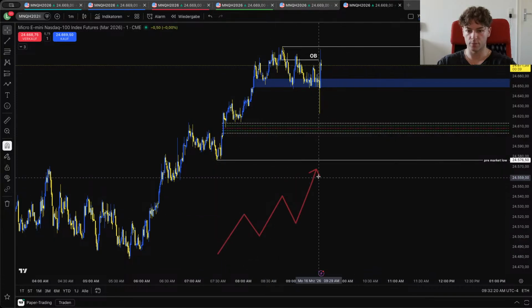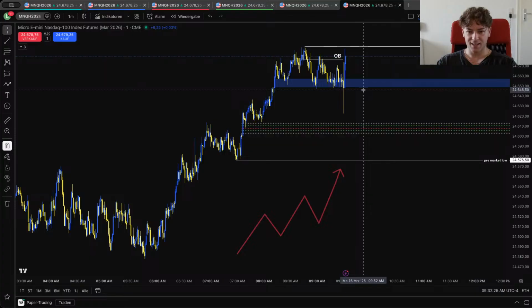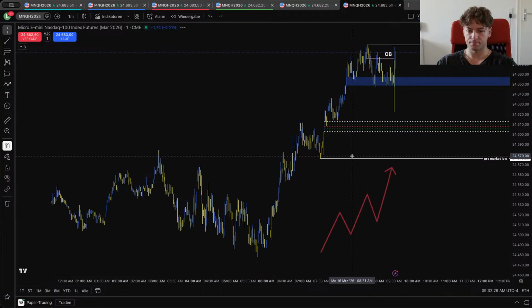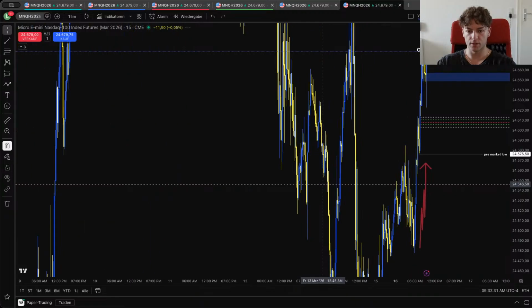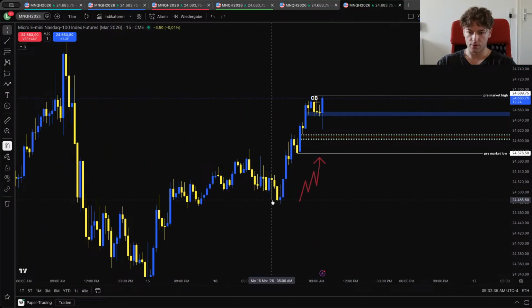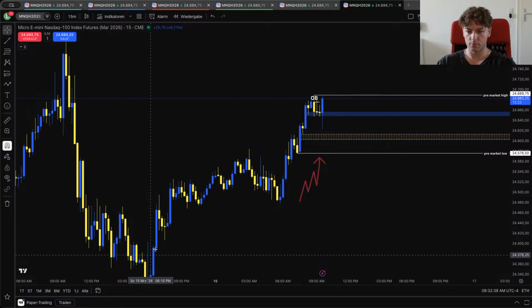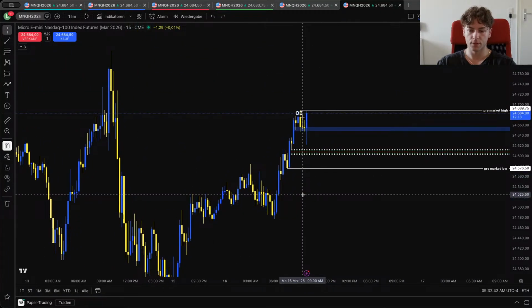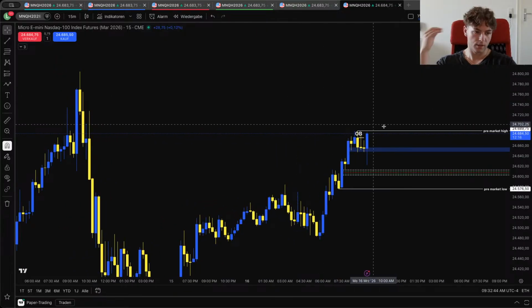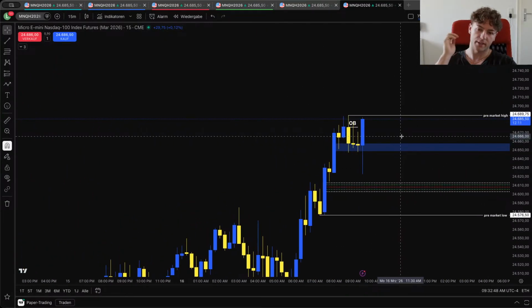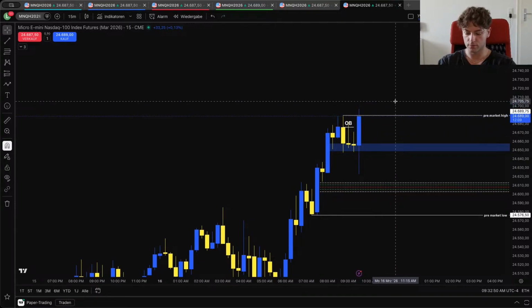That's basically what I'm expecting right now, because for me it makes the most sense to target these relatively equal lows. But we are still in a bullish intraday market, so in these types of scenarios I'm likely to be wrong more often.